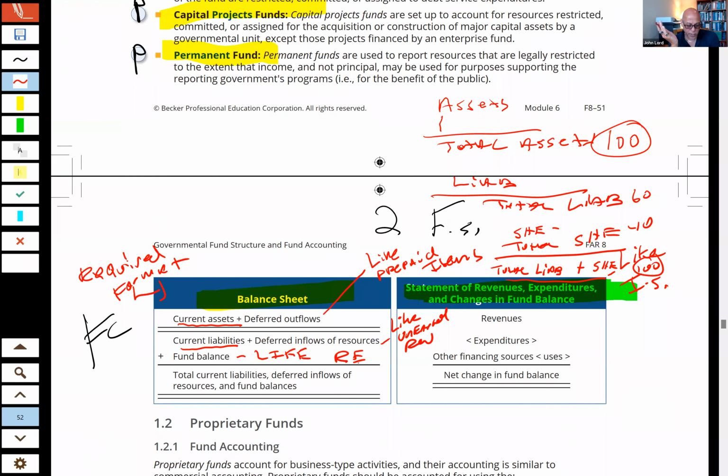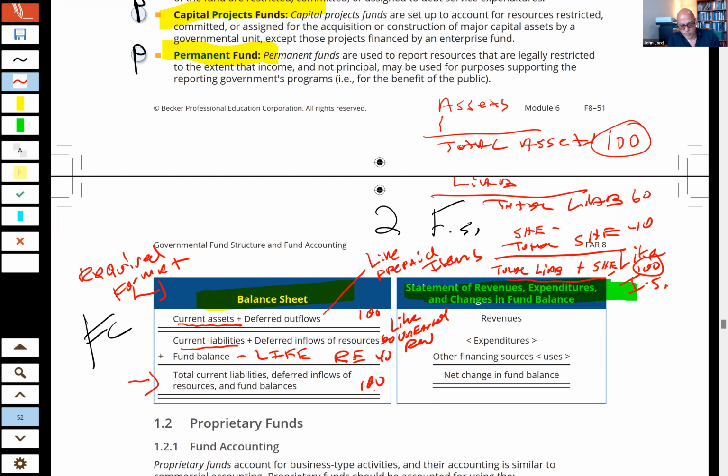Like retained earnings, but they take the liabilities, add it together with the fund balance, and then that's going to be equal to the what? To the total of the assets, total current liabilities, deferred inflows of resources, and fund balance. They'll give you that total. So if this was 100 and this was 60 and this was 40, that would add up to 100, right? Question, guys?